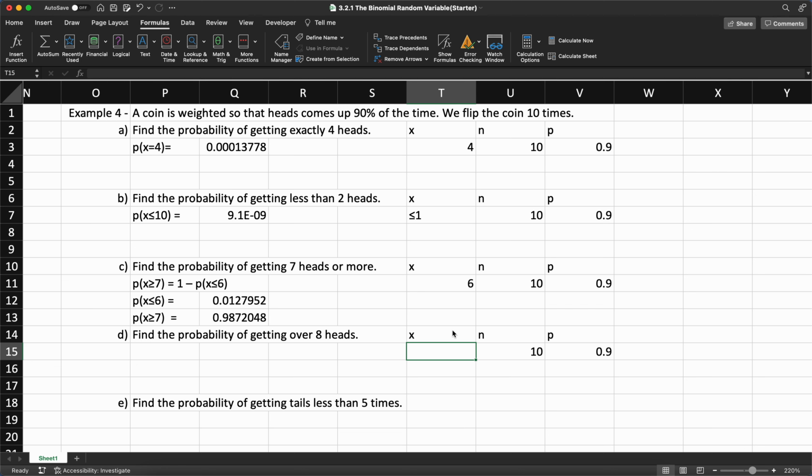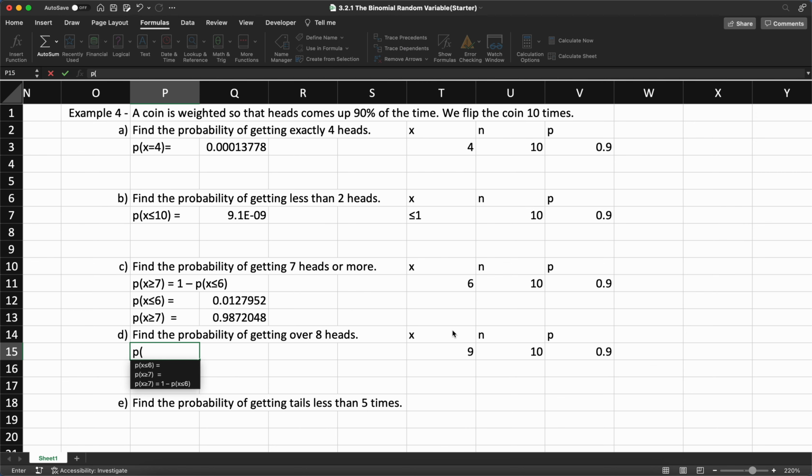We want to get over 8 heads. So that means x is going to be actually 9. So I don't want to include 8 here. I want to include 9. So I want the probability that x is greater than or equal to 9.